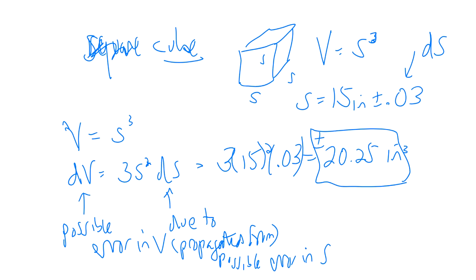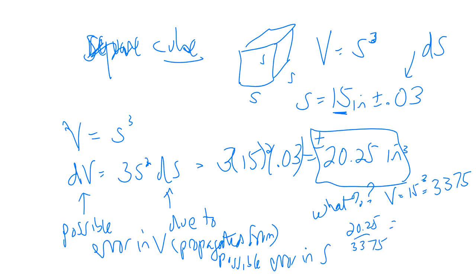What percent is that? The volume is 15 cubed, which is 3375, at this point where the side is 15 inches. So 20.25 divided by 3375 is 0.006.